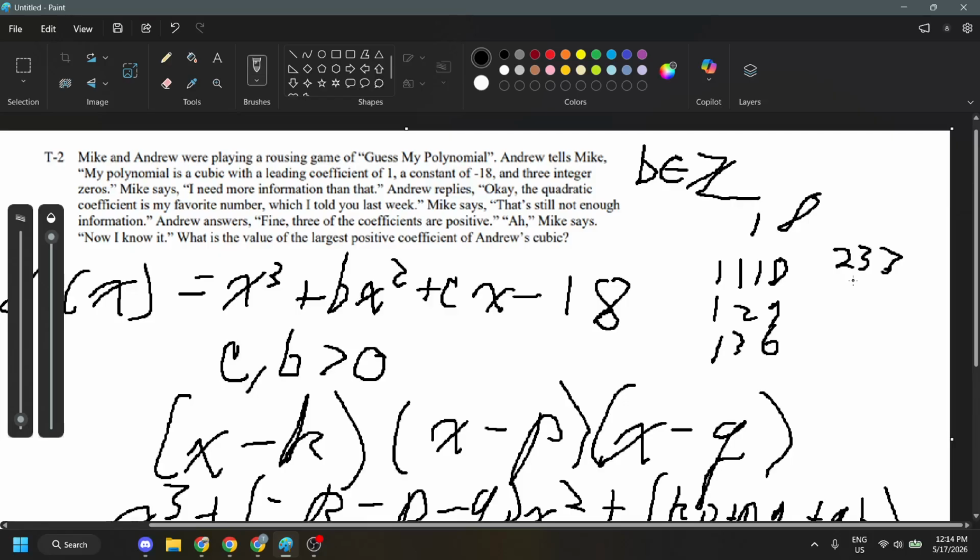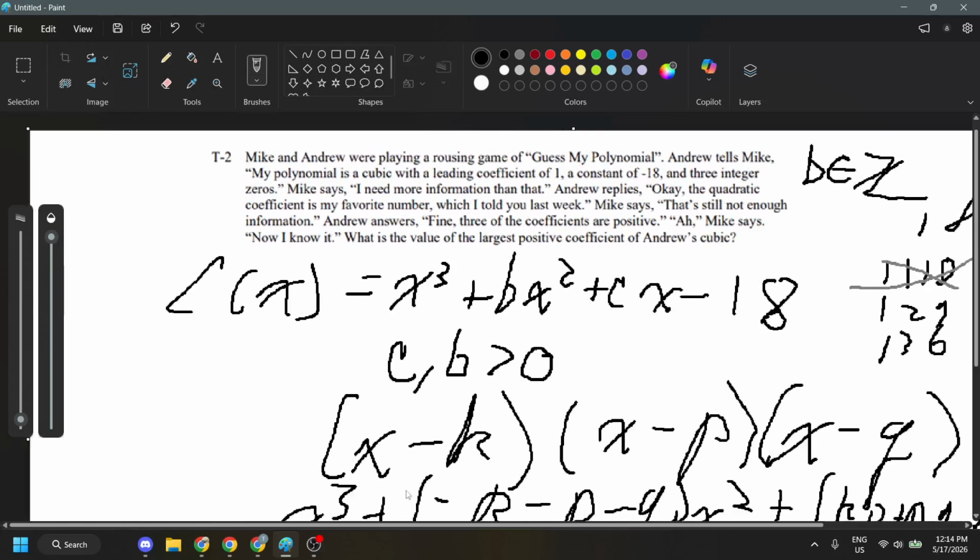I think that's it. This one is not allowed because it repeats 3. This one's not allowed because it repeats 1. So I think it can only be one of these two. In both of them, x minus 1 is a factor.